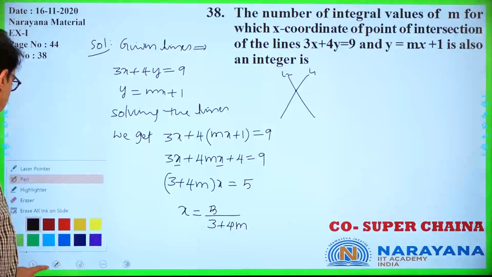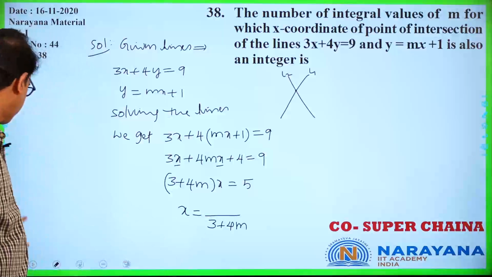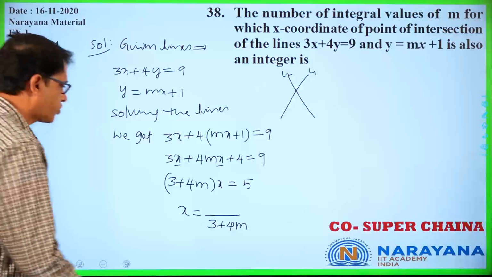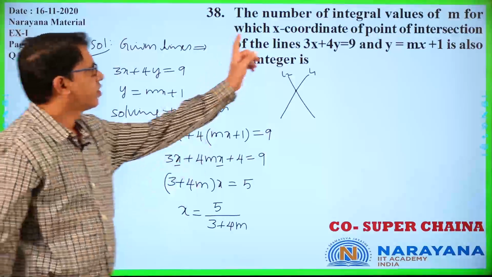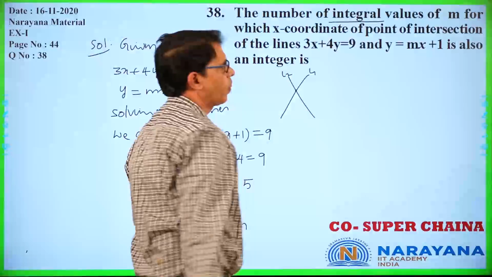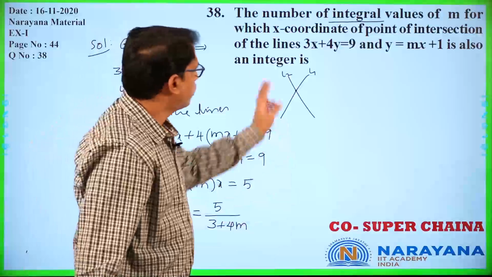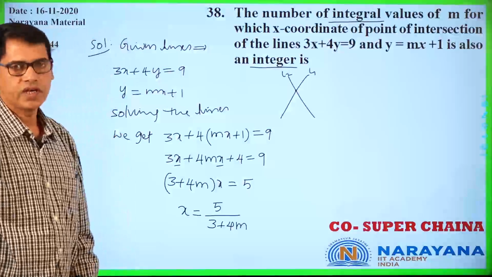Now see here, what is the given condition? x must be an integer, and m must be an integer. The number of integral values, so m must be an integer, and the x coordinate is also an integer.